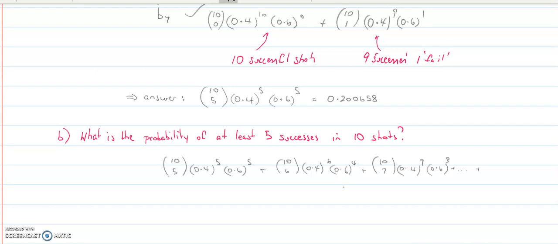This goes on up to 10, 0.4 to the power of 10. Okay, massive calculation to be done there. We could do that, sure.